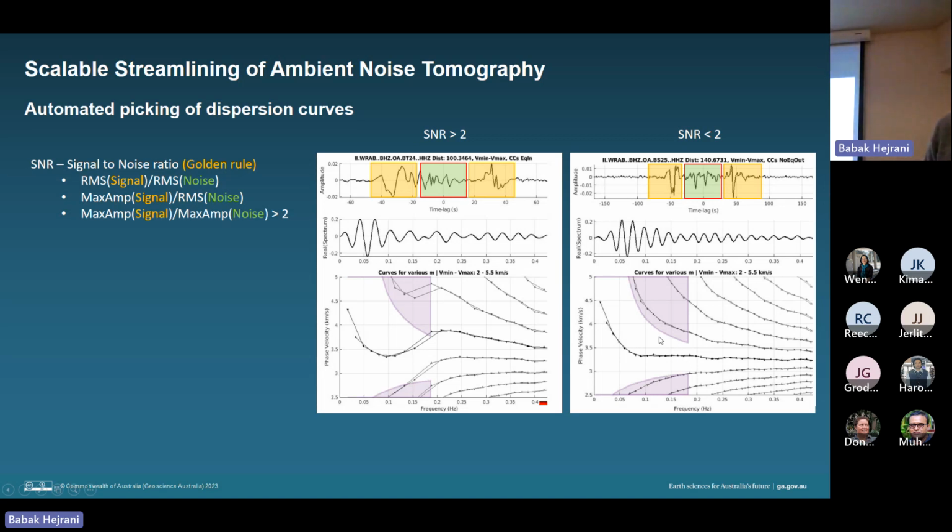Obviously, the one on the right, the one which will get discarded by this rule of a signal-to-noise ratio larger than 2. So signal-to-noise ratio obviously does not represent the dispersive properties of the surface wave. It just represents whether there's something in the noise window compared to what that thing might be in the signal window. It won't give you any information about what the dispersion curve looks like.